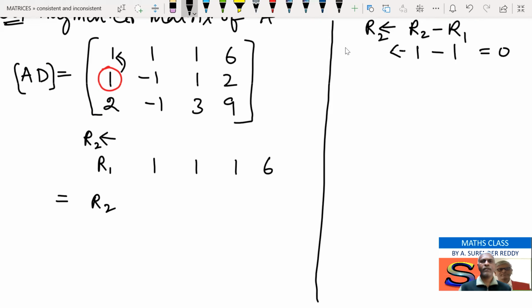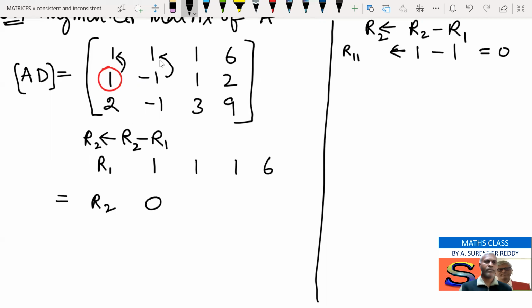So this is the formula, R2' equals R2 minus R1. So 1 minus 1, 0. I am subtracting R1 from R2. So R2 minus R1: 1 minus 1, 0.